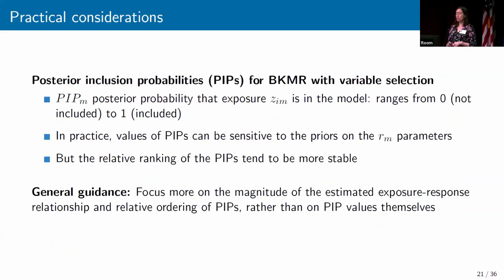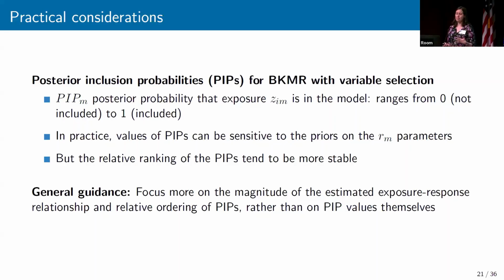For the posterior inclusion probabilities, when you're running BKMR with variable selection, I already mentioned this, but just to reiterate, the PIP is the posterior probability that exposure z_m is in the model, and it ranges from 0, where it's not included, to 1, where it is included. But in practice, the values of these PIPs can be sensitive to the priors on the r_m parameters.